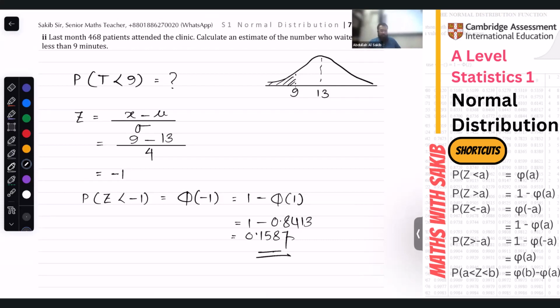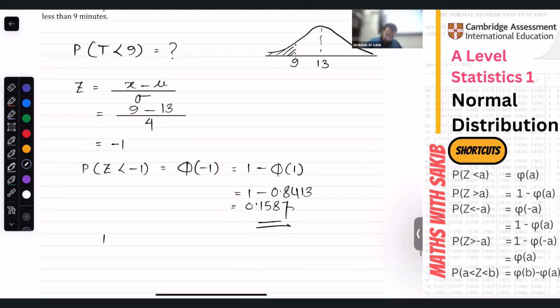Clear, Baba? So the total number of people will be 468 multiplied by 0.1587, which is 74.216. So can I write 74.216?